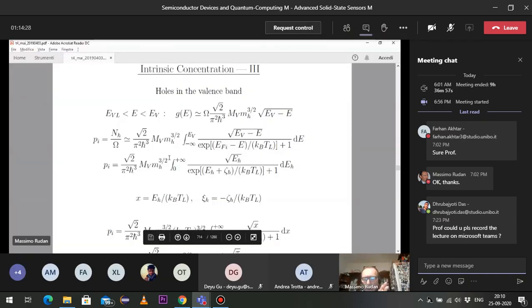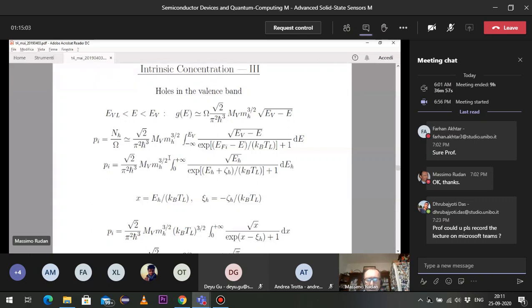Okay, so now we have to repeat the analysis for the holes in the valence band, but the analysis is almost identical. We start from the density of states of the valence band, G of E, that is written in the first line.